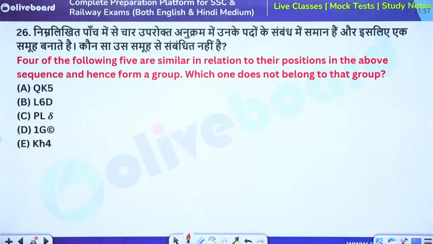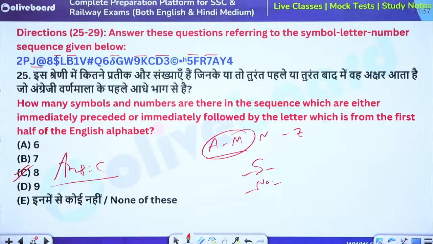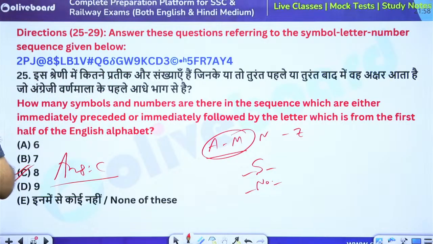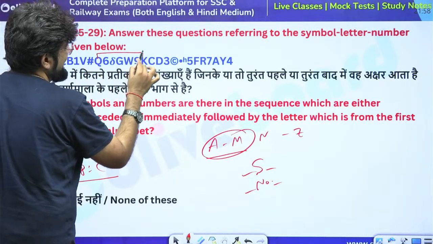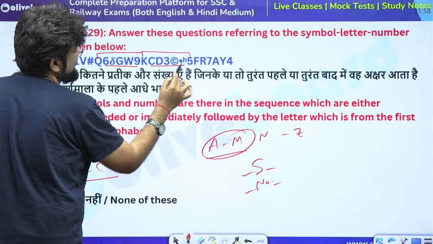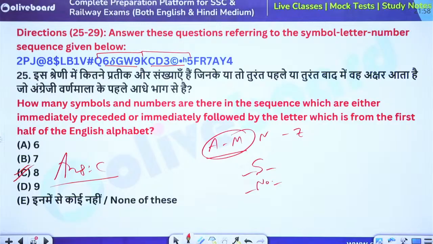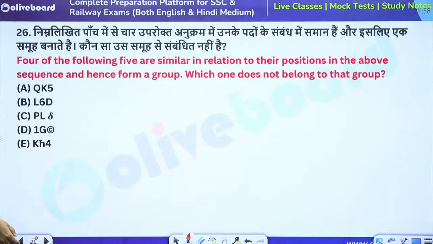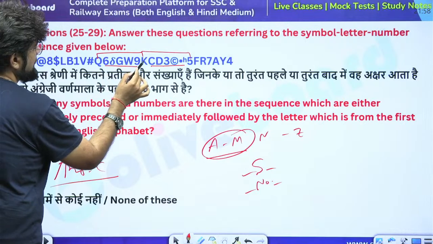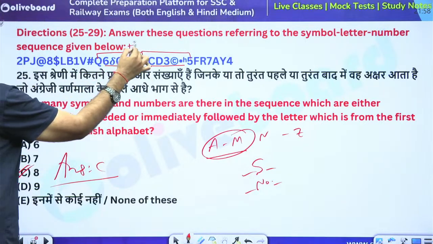Which one does not belong to that group? QK5 is very far off. So we have 3 and 2, five letters, 3 and 3, 6. Okay. Next. L6D. Yes. So the answer is +5 +6.